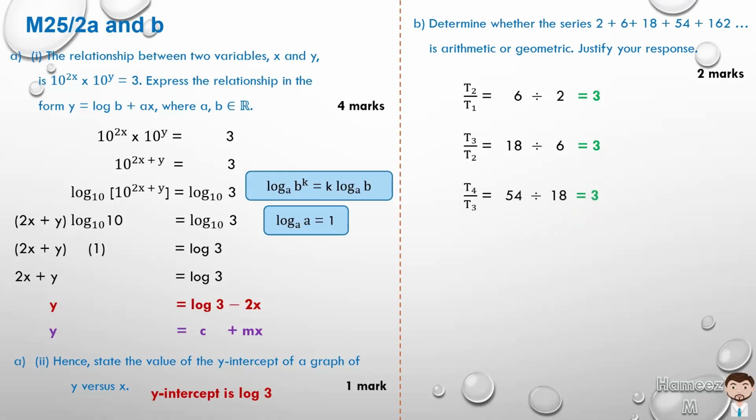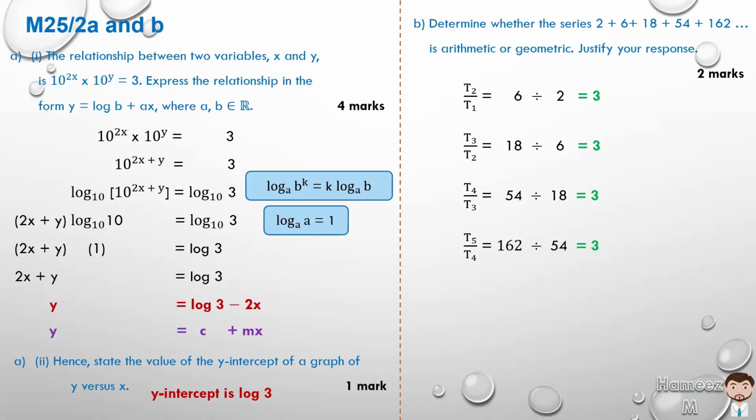T4 divided by T3 is 54 divided by 18, which is also 3. So we're seeing a pattern here, and one definition of math is that math is patterns and relationships. What about the next term? The fifth term divided by the fourth term, 162 divided by 54, that's also 3.